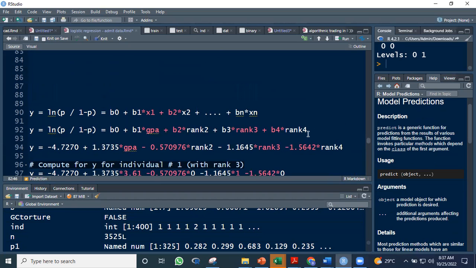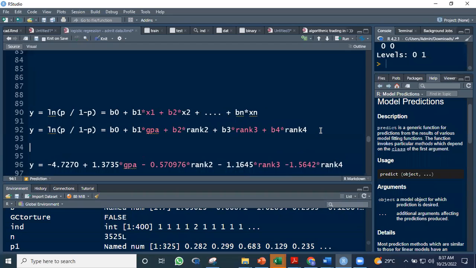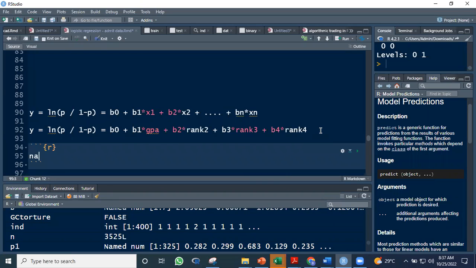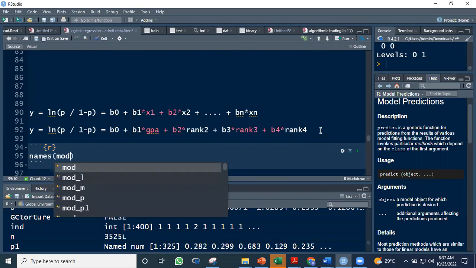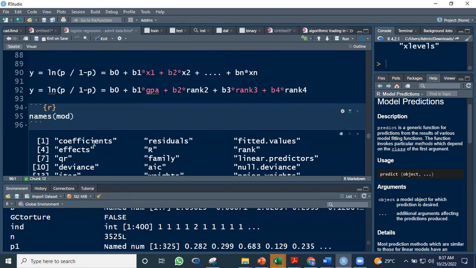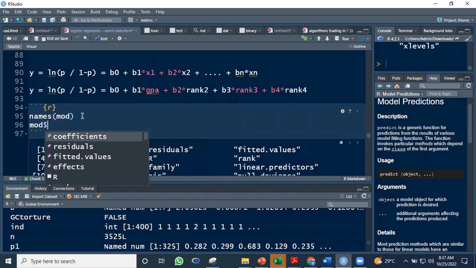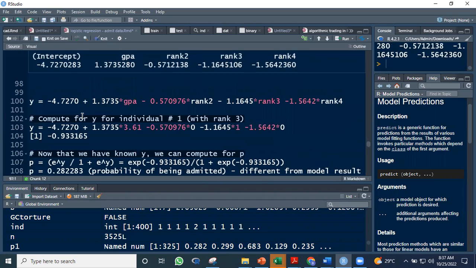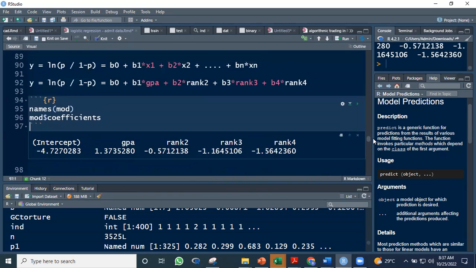Now let's see what we get from our mod. This is the content of our mod, with coefficients. I just printed the coefficients of our model: negative 4.72, 1.37, negative 0.57.